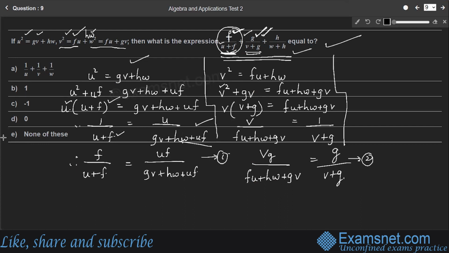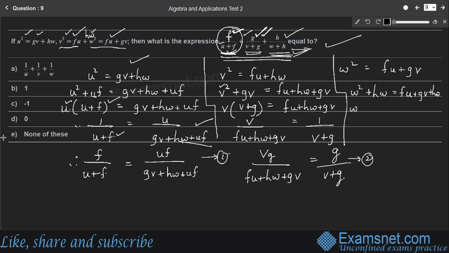Now consider the last equation which is given, w square is equal to fu plus gv, right? The third term in the expression is h by w plus h. So the denominator contains w and h. Therefore add a term to w square which contains w and h, which is hw. So w square plus hw is equal to fu plus gv plus hw.